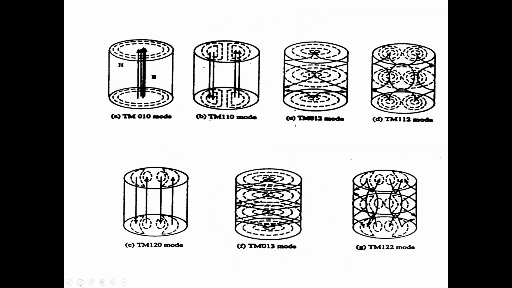If I now look at the cavity and see what the distribution would look like in the cavity, these are the distributions for different TM modes. And the TM010 mode, we had seen that if I took a cut of the electric field and I plotted it, the electric field was maximum in the center, according to the Bessel function.